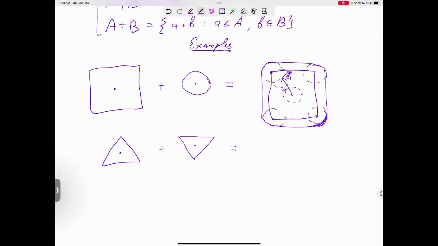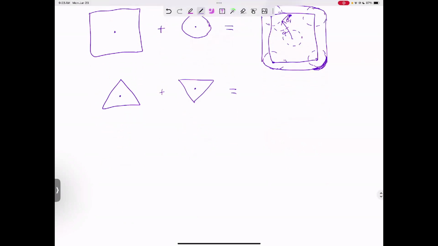Or if not, then say it in words. Is it a hexagon? Yeah, exactly. Very good. It's going to be a hexagon.